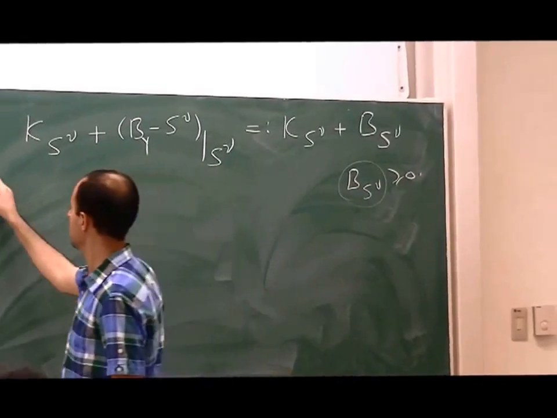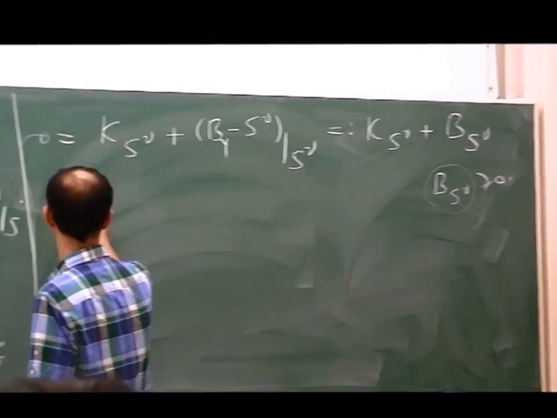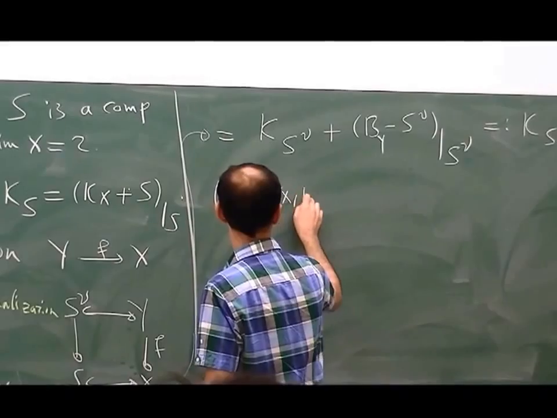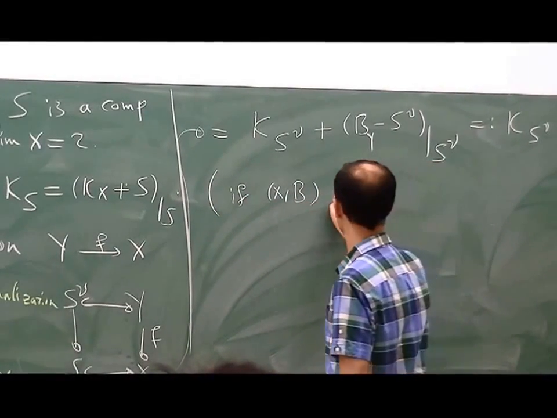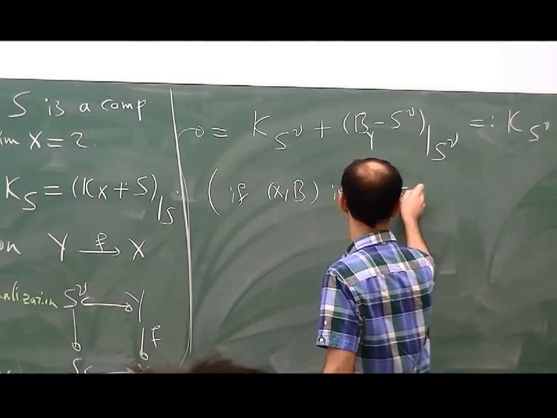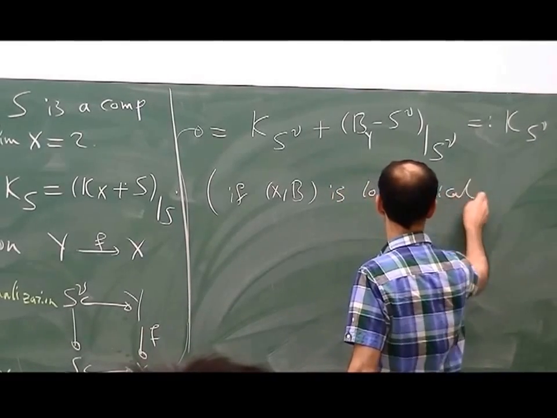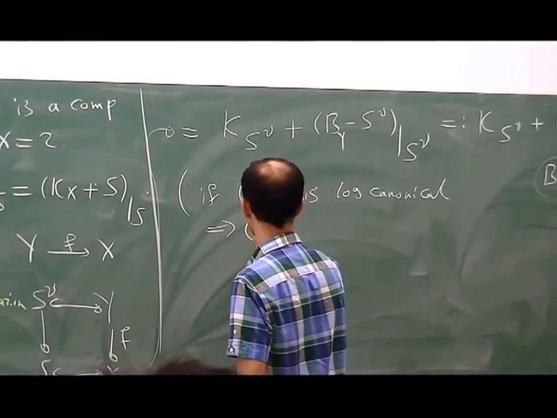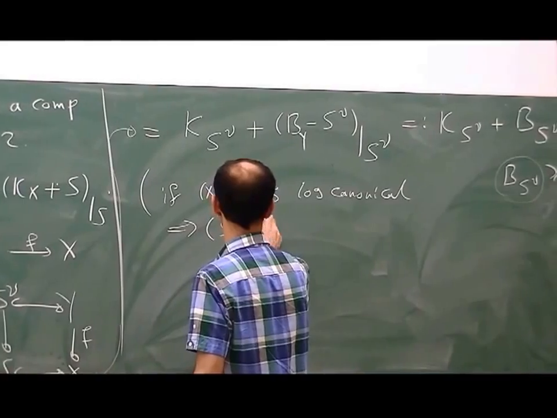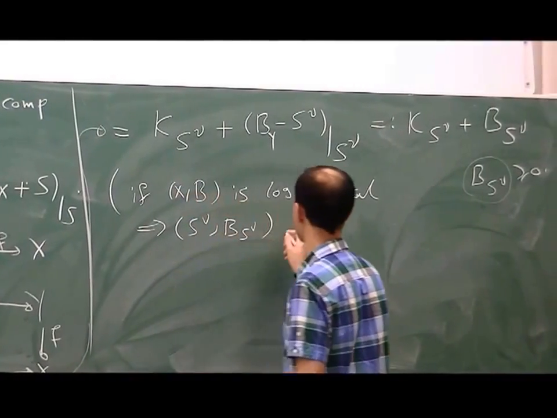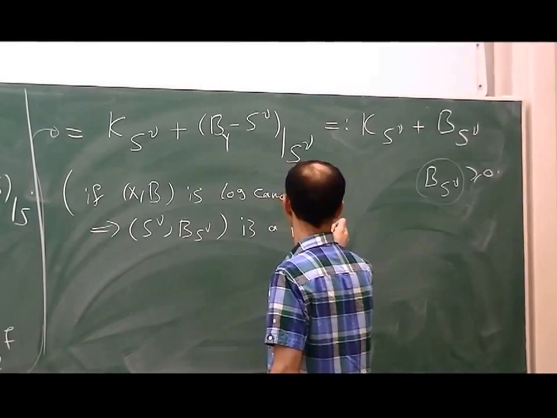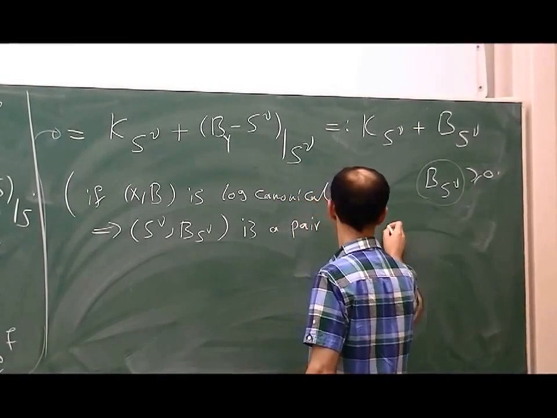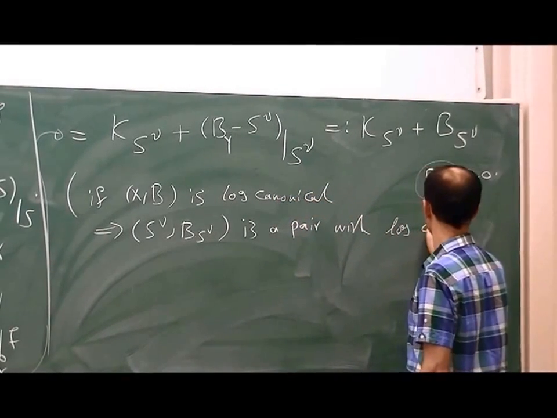definition of pair. So just as a remark, if this, for example, if it has log canonical singularities, then in fact what you get here is again log canonical. It is a pair with log canonical singularities.